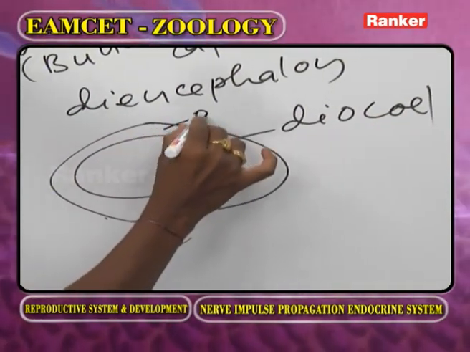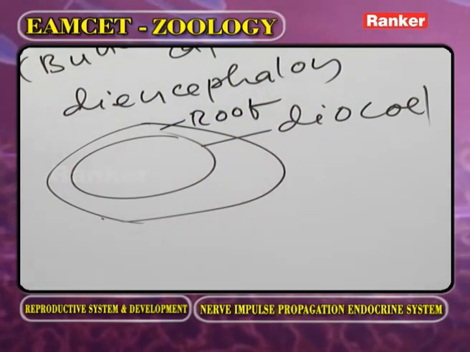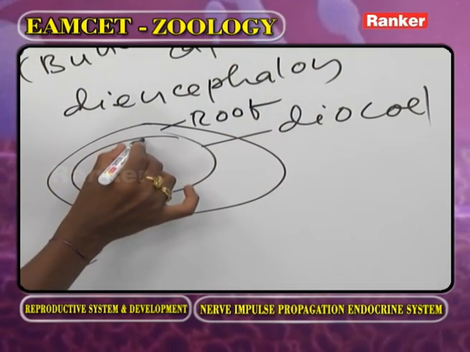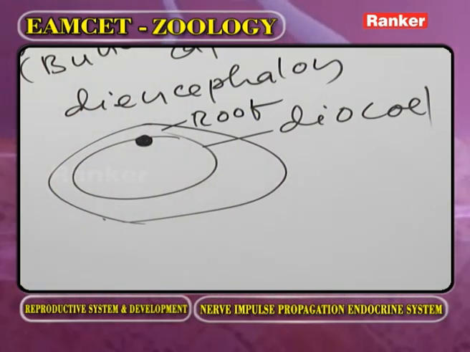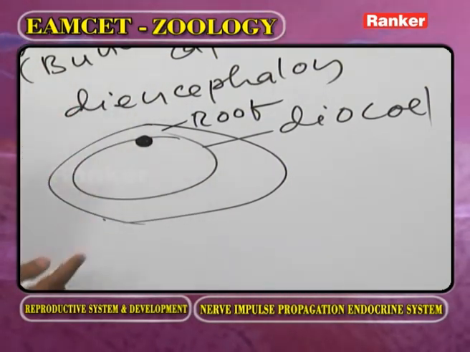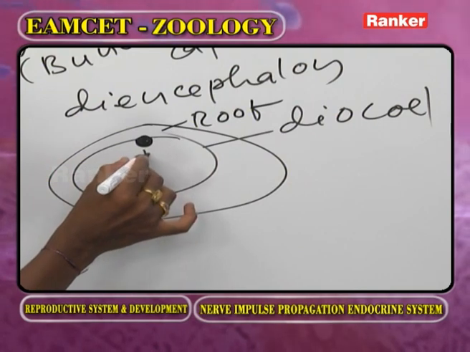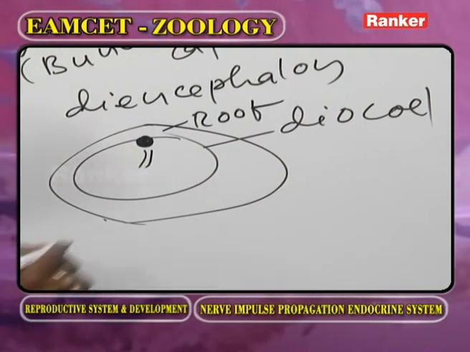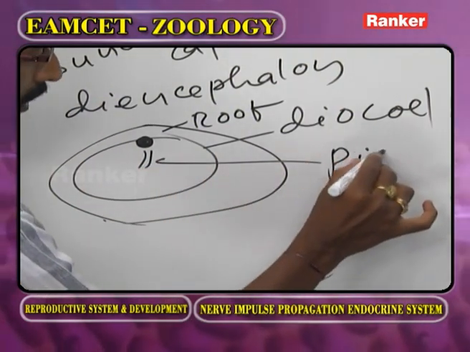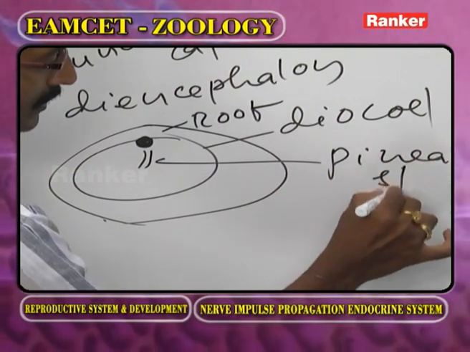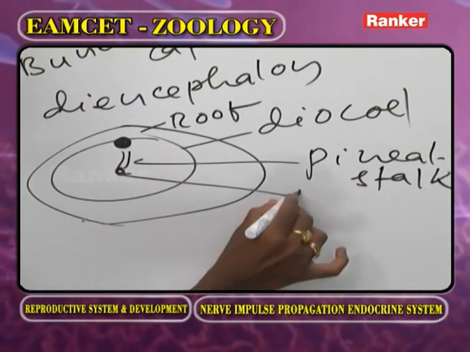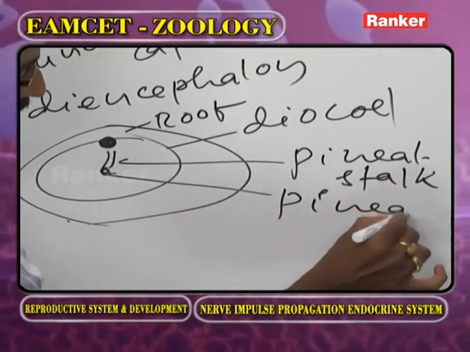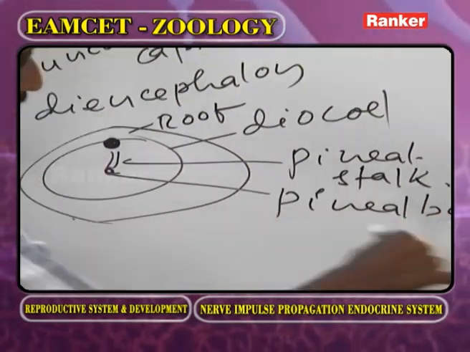Now this is the roof of diocele. The roof of diocele has anterior choroid plexus. Just behind anterior choroid plexus, what is present? A stalk is present, that we call the pineal stalk. Attached to the pineal stalk, what is present? The pineal body is present.